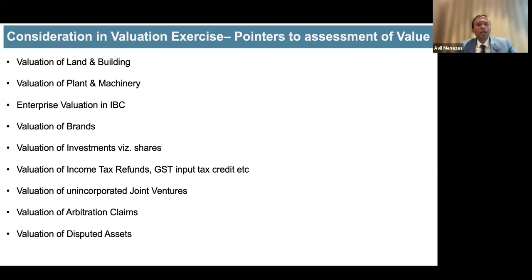But wherever arbitration claims are ongoing, that is where the major challenge is: whether it will come in your favor or not, the time taken, and thereafter the time for execution. So most of the time, we give arbitration claims on a success basis.